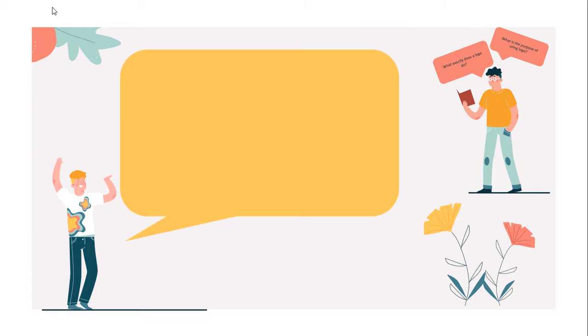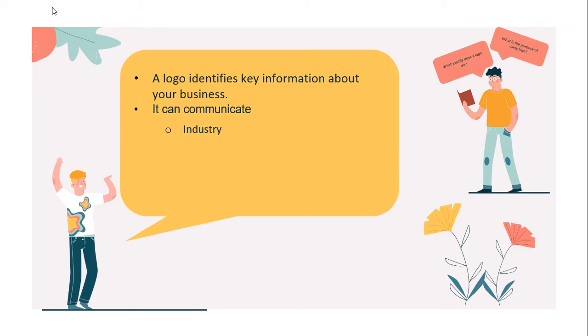A logo identifies key information about your business. Along with demarcating your business, a good logo also provides your customers with some crucial information about your company. It can communicate the industry you exist in, the service you provide, your target demographic, and your brand values.